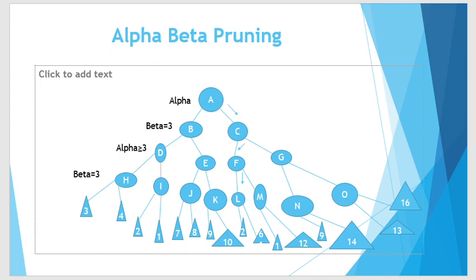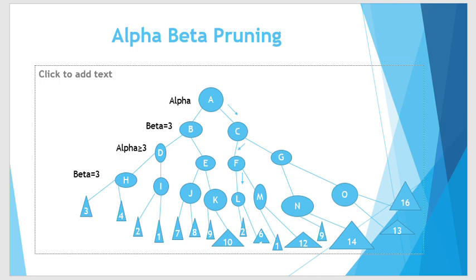Then here we have a fixed value of alpha, a maximum of 3. If it takes me to this path, I will get the utility of 3 for sure. Now we take this value, above we have the value of beta here, which is 3. But the min value of this node will be either 3 or less than 3.